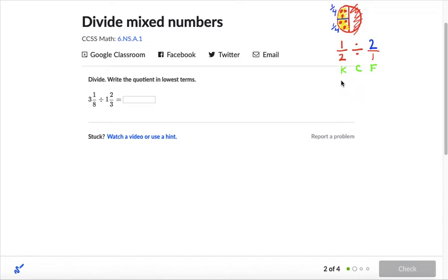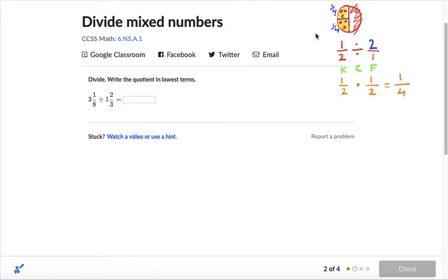We then get 1/2 multiplied by 1/2, because we're flipping this over. Multiplying numerator times numerator is 1, denominator times denominator is 4. So we've got 1/4, and we've got what we expected, right?